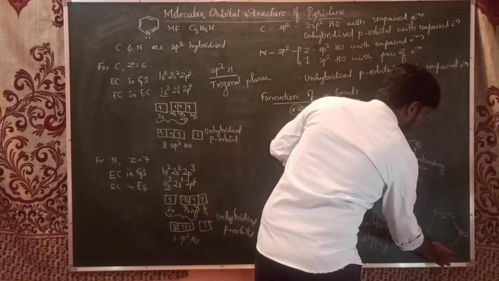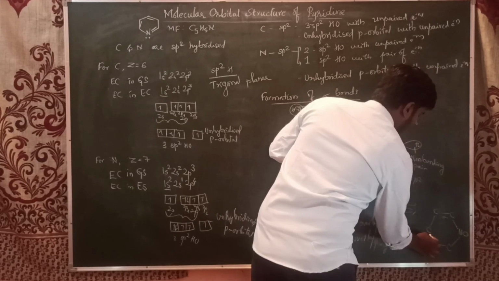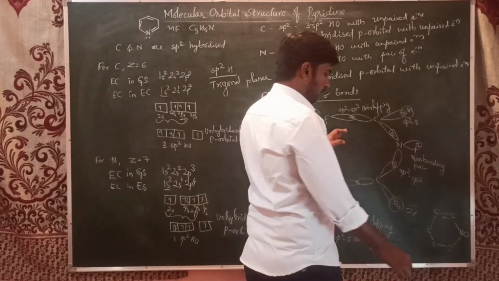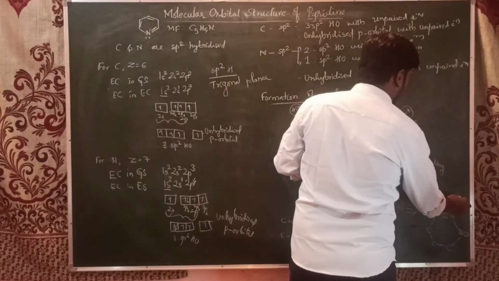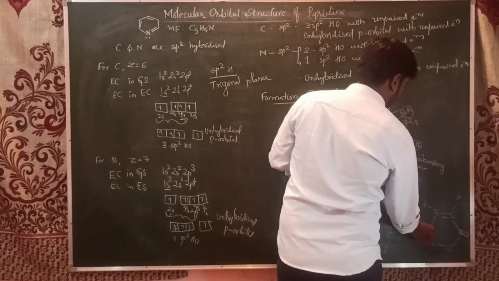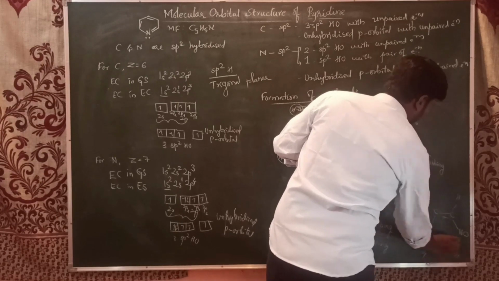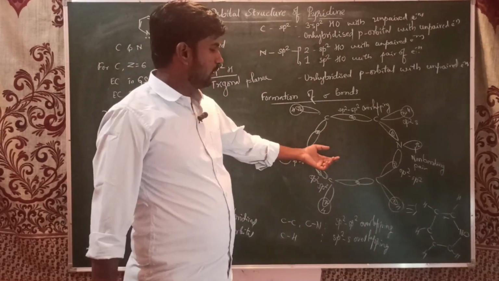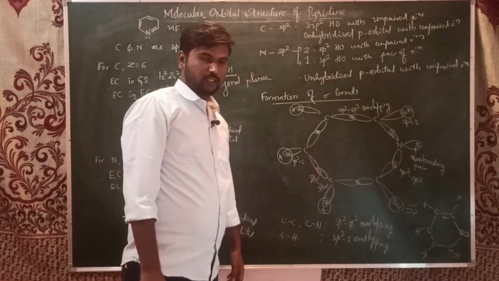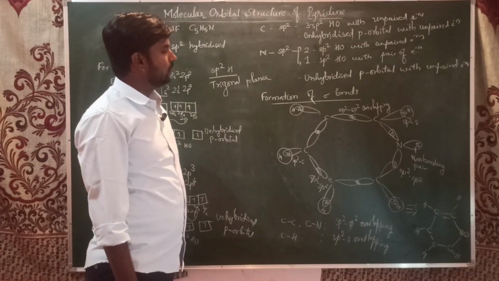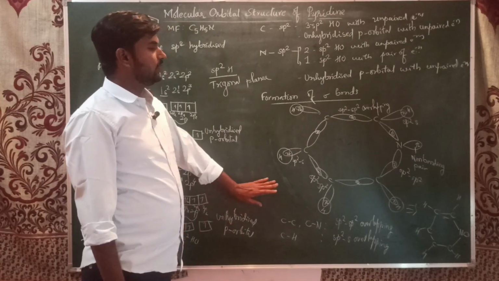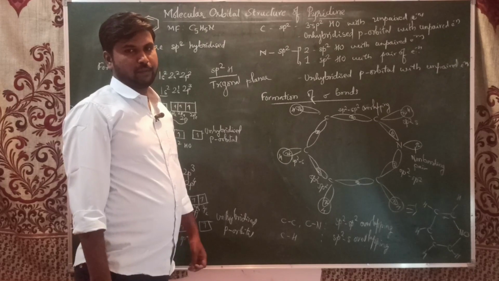Here is a carbon-nitrogen sigma bond, carbon sigma bond, carbon sigma bond. And also each hydrogen is forming a sigma bond with carbon. This is the equivalent structure of this one. This is the molecular orbital structure, that is, the bonding structure we can represent here on the board. So this is for the formation of sigma bonds.